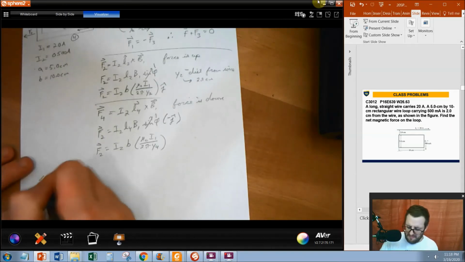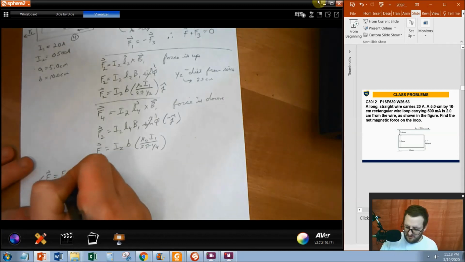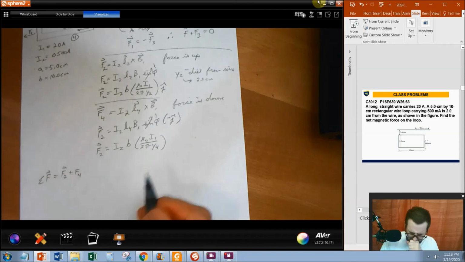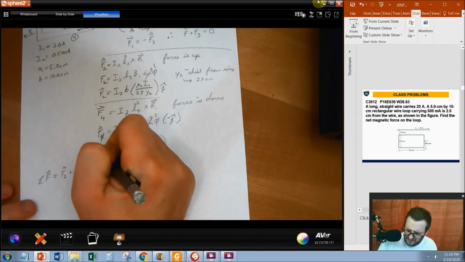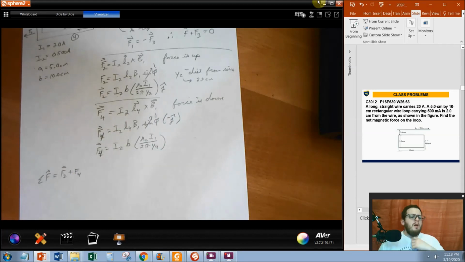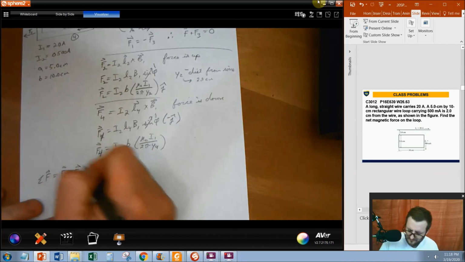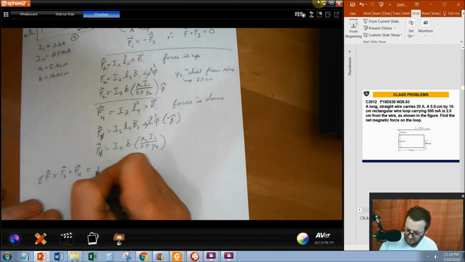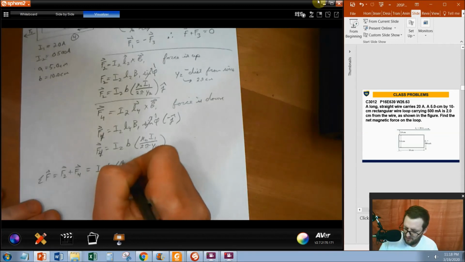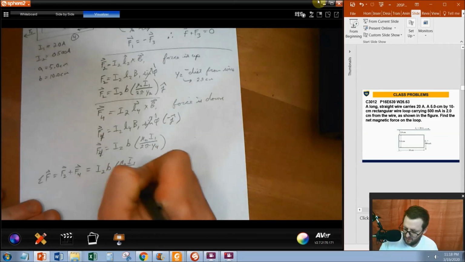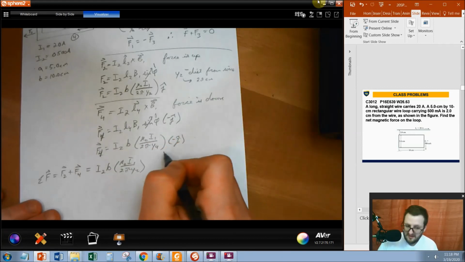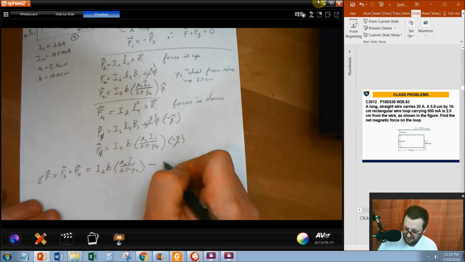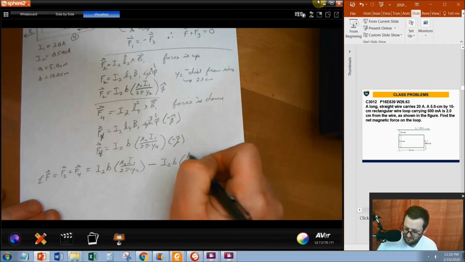So sum the two together. So that's just F2 plus F4. Oh gosh, excuse me, I dropped the wrong subscripts on here. So F2 is I2 b mu naught I1 over 2 pi Y2. And then add F4, which is going to be negative I2 b mu naught I1 over 2 pi Y4.